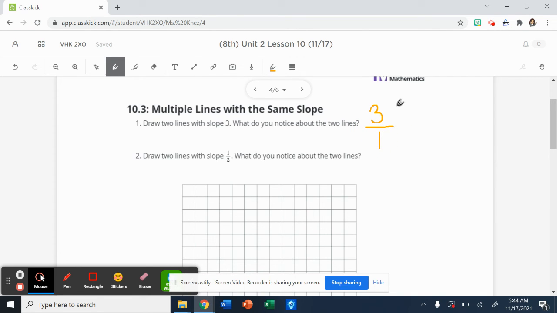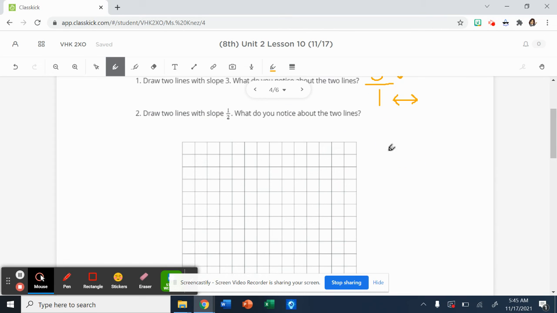Because remember, 3 is going to be the vertical distance of my triangle that fits along the slope, and 1 is going to be the horizontal distance. And so my line should fit a triangle with a height of 3 and a base of 1.